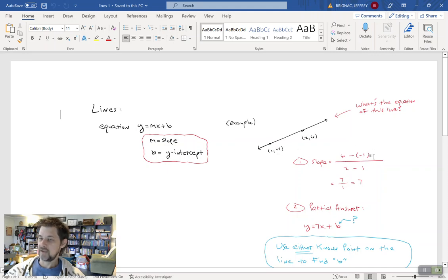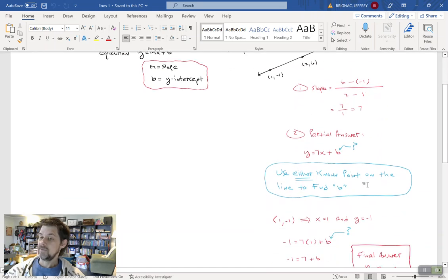So notice how that says 6 minus negative 1, over the second x coordinate, which is 2, minus the first x coordinate, which is 1. So I get 2 minus 1. Okay? And then I just reduce this number, and I get 6 minus negative 1. That's going to be 6 plus 1, that's 7, and 2 minus 1 is 1. So the slope is 7.